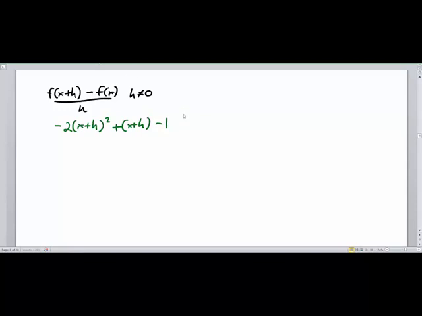And we're then going to subtract our f of x, which I'll color blue. And that is going to be negative 2x squared plus x minus 1. And this whole thing will then be divided by h.